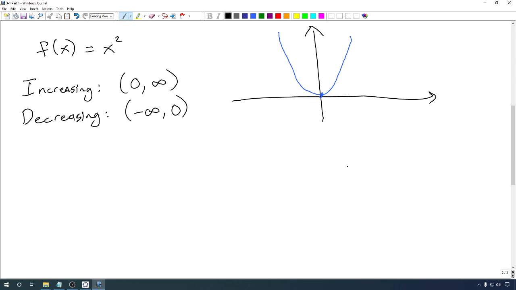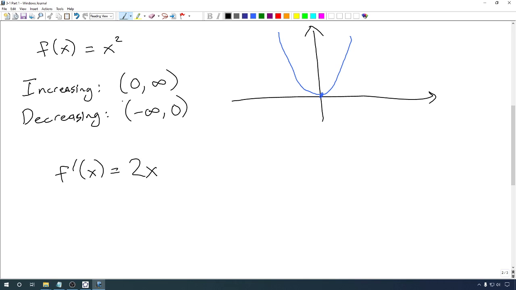We can go back to the function f of x equals x squared. Recall that the derivative of x squared is just 2x. If we put in, say, values in 0 to infinity, we're putting positive values into 2x. Of course, the 2 doesn't change that sign. If we put a positive value in here, we get a positive number out. And therefore, on the interval from 0 to infinity, the derivative is always positive.